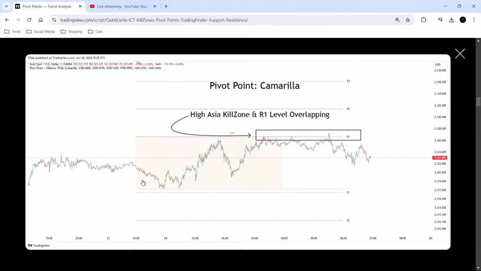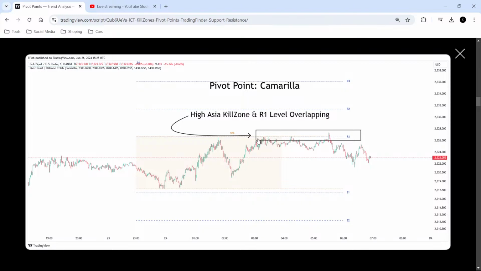So this is like an Asian session, I think. Before, yeah. Alright, so I don't know what this is supposed to mean. Asia kill zone. I think this is supposed to be liquidity sweeping.